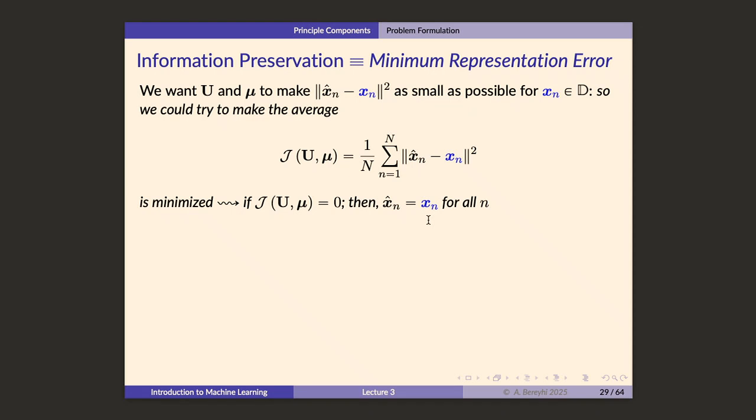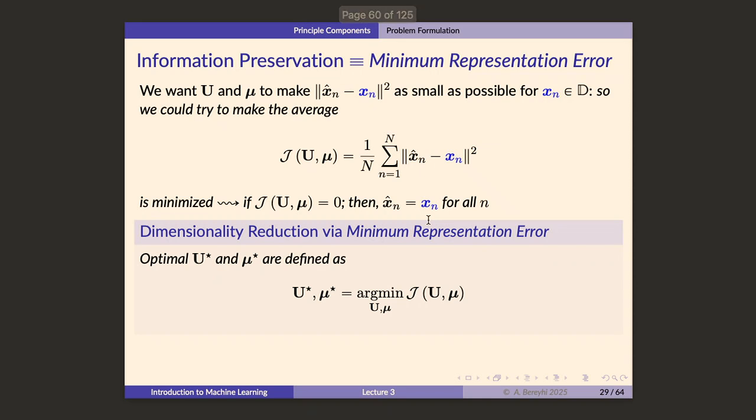So you have done zero-error compression. It's a perfect thing. But in practice, it's not going to be exactly 0. It's going to be somewhere close to 0. And that's still okay, right? You have a bit of error, but this is the minimum error you could get.